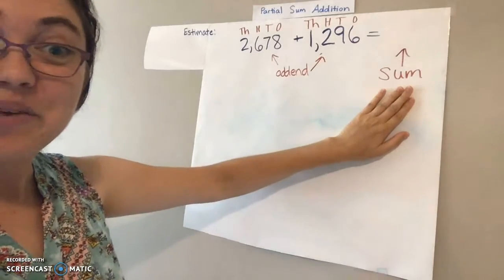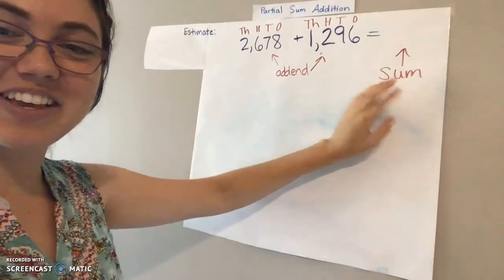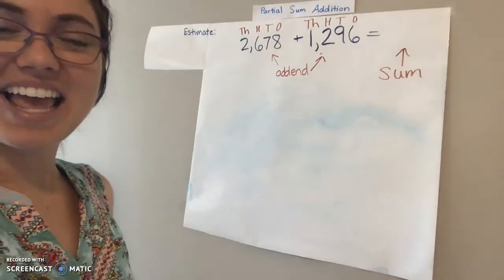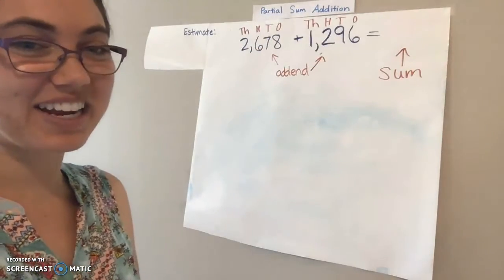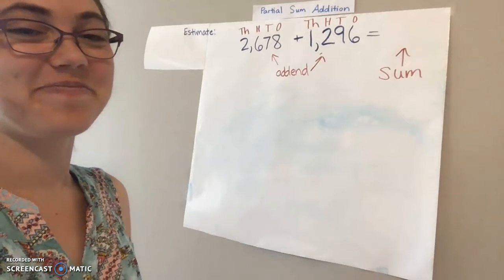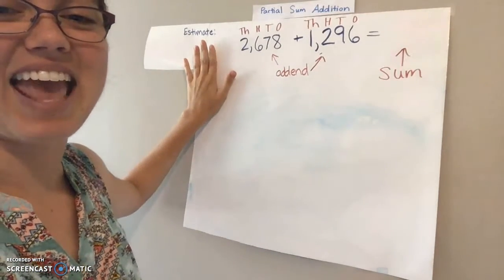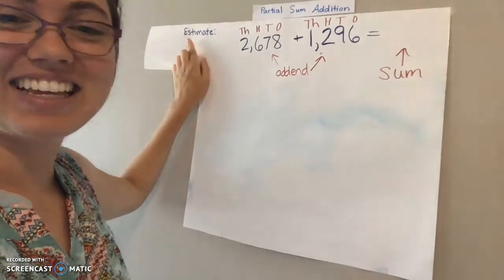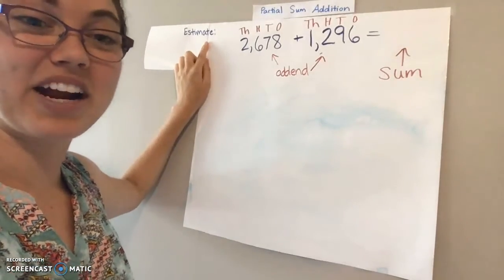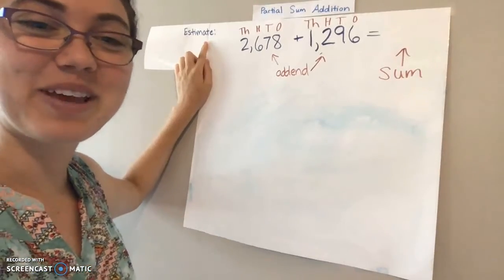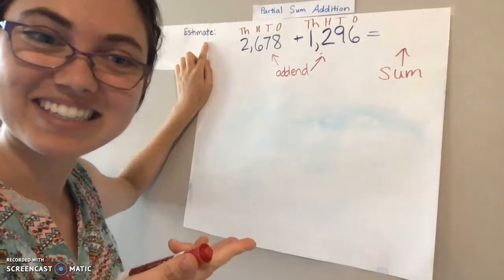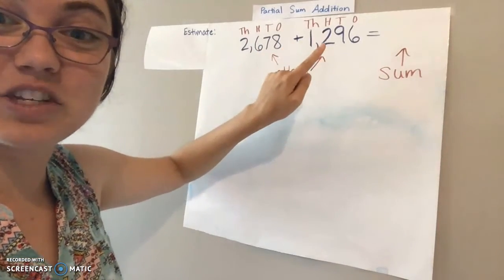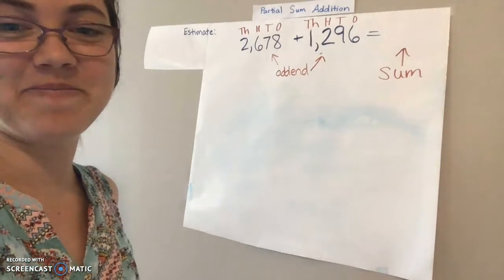All right, I think we are almost ready to start solving for our sum. We've looked at the place values, and now the last thing we're going to do before we solve is make an estimate. Did you notice this word over here in the corner? Estimate. We are going to make our best guess as to what the answer will be when we add these two addends.